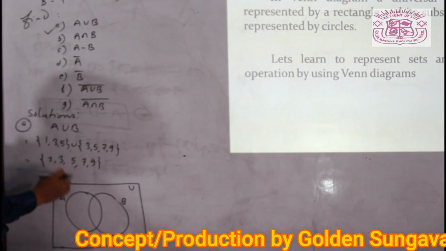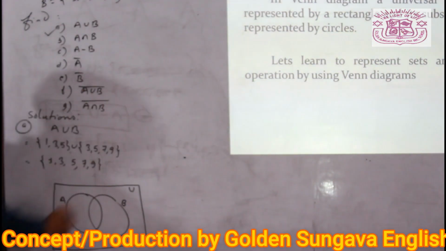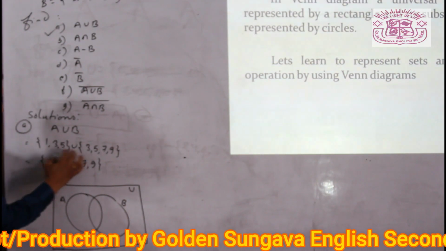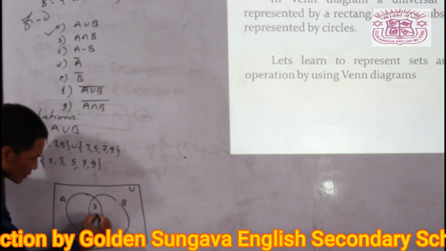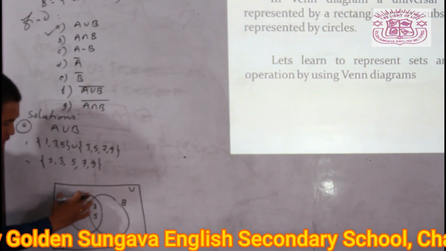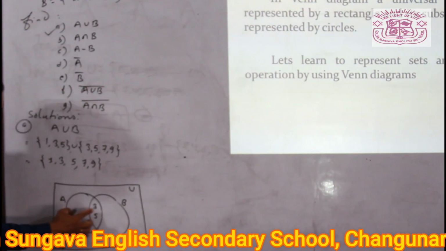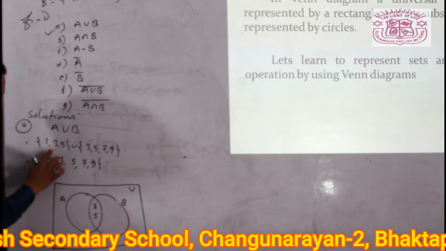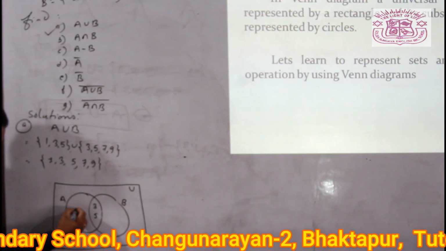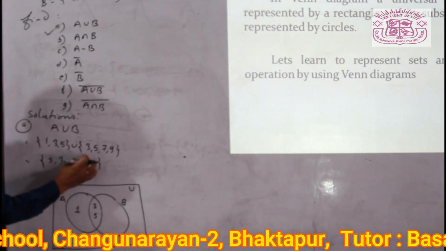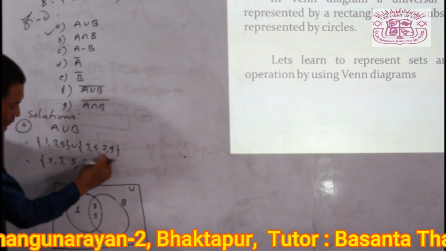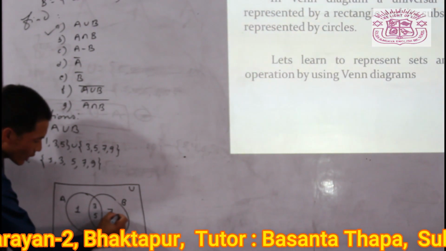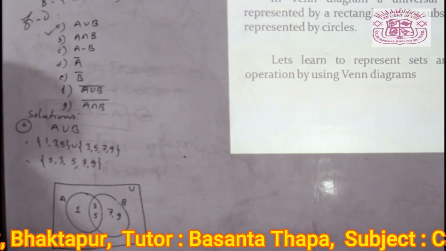Now you have to put the elements. So 3 and 5, this is repeated in both sets, so we just write in the common part of both sets, in the middle. So what is left in set A? 1 is left. And in set B, 3 and 5 already gone, 7 and 9.